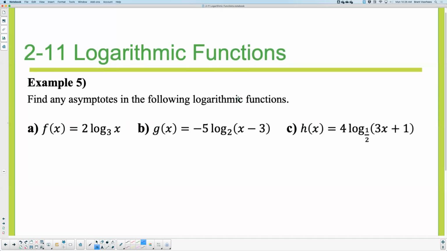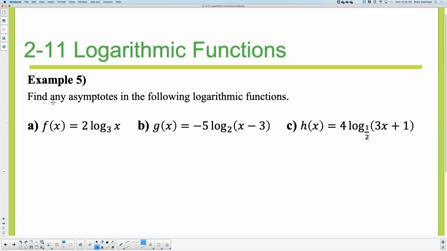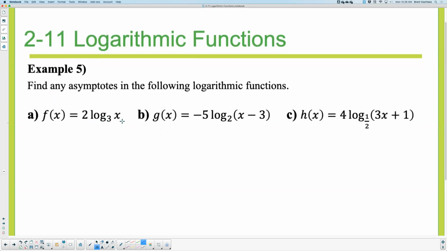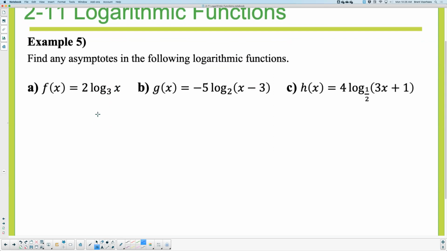All right, so now let's take a look at example 5. If we're talking about finding any asymptotes, with the logarithm, it has one asymptote. It'll have a vertical asymptote. And remember, it occurs where the inside of the logarithm becomes equal to 0. So on this problem, do I have any horizontal transformations inside here? No. So the asymptote, remember, the domain comes from saying x has to be greater than 0.